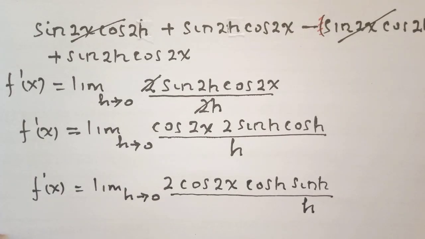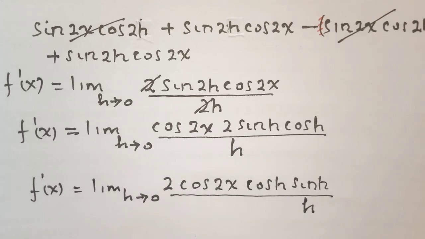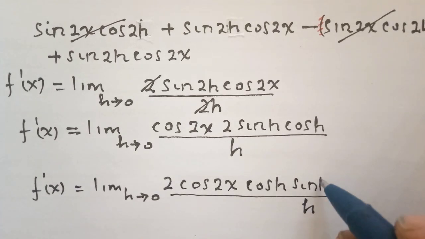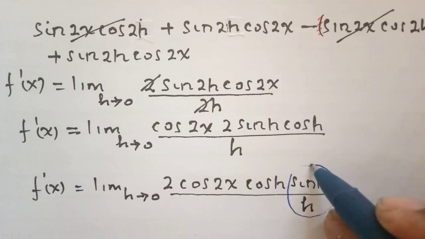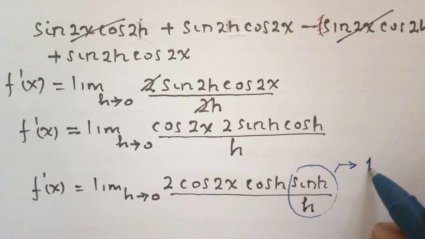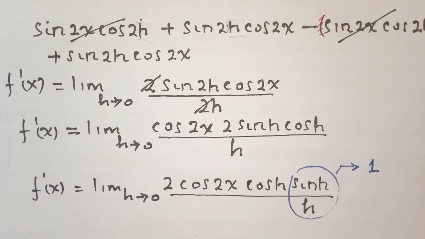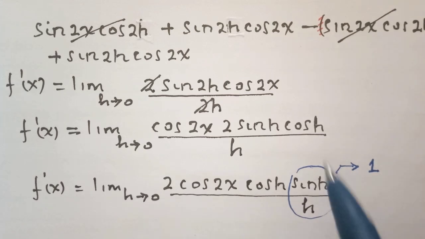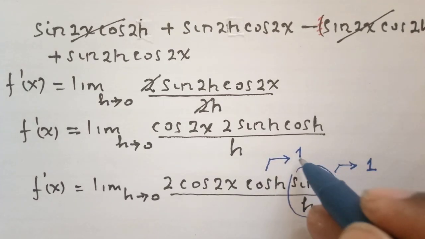So once you put it like that, guys, these two tend to 1. This one will tend to 1 as h approaches 0, while this one alone will also tend to 1 as h approaches 0.